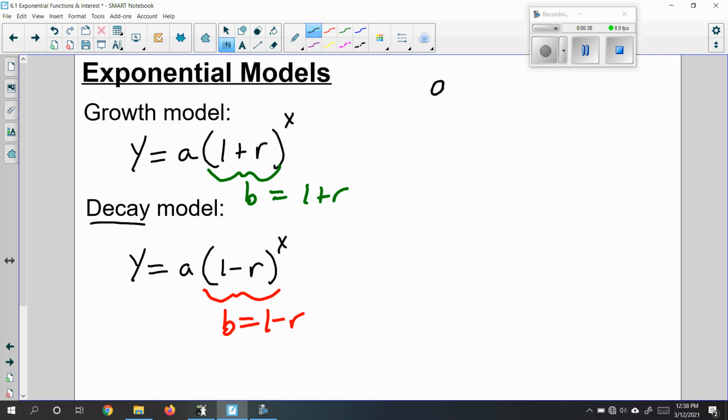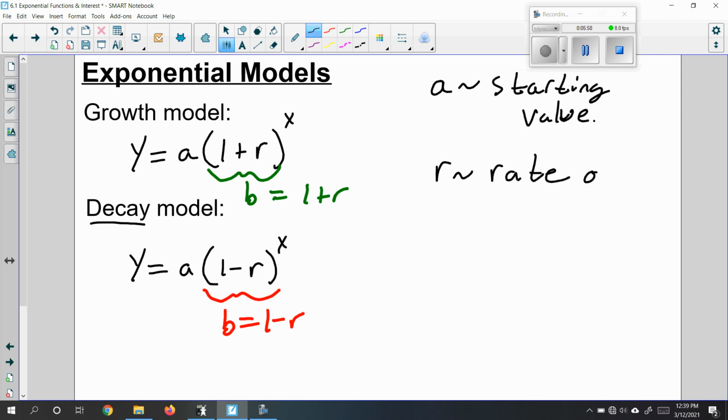So in a real world scenario, a would represent the starting value, and that's because that's our y-intercept. r would represent the rate of change. Typically, r is going to be a percent that has been divided by 100.